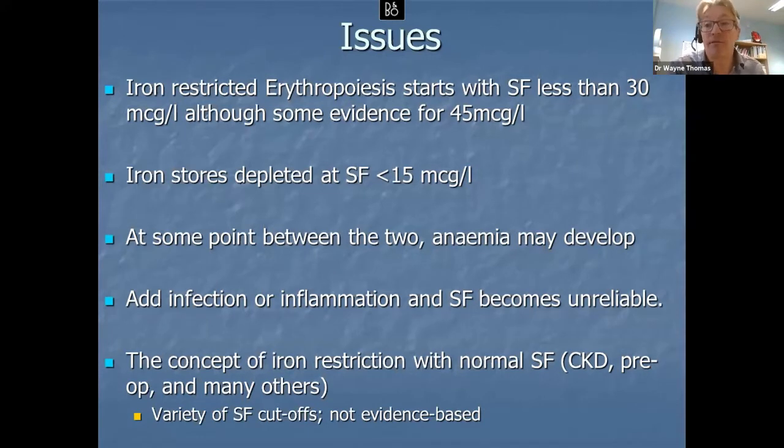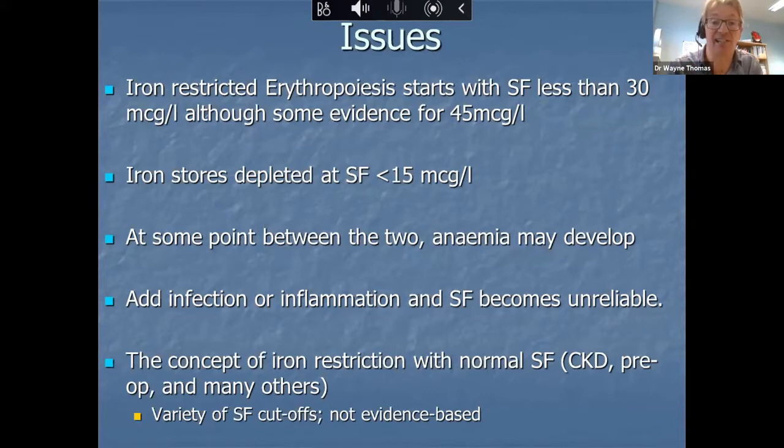Well, it's quite variable. Most people would say it's somewhere around 30 to 45. A good way of thinking about it is, if it's above normal, it probably isn't absolute iron deficiency. But putting an arbitrary cutoff is actually not evidence-based as such. We know that there was some data related to some gastroenterology studies done recently, which suggested about 25, but in all fairness, it's not clear cut.